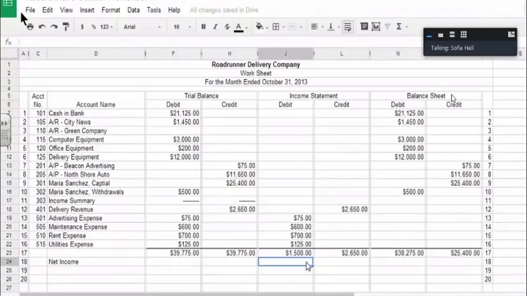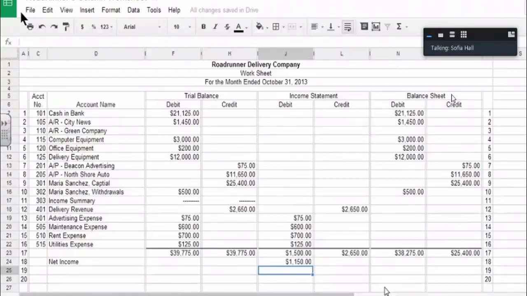In order to find what net income is, we're going to take our revenue minus our expenses, okay? So I'm going to do a simple formula in here. I love formulas, okay? I'm going to do the equal sign, and click on my revenue minus my expenses, okay? What I came up with is that I have $1,150 worth of net income, right?